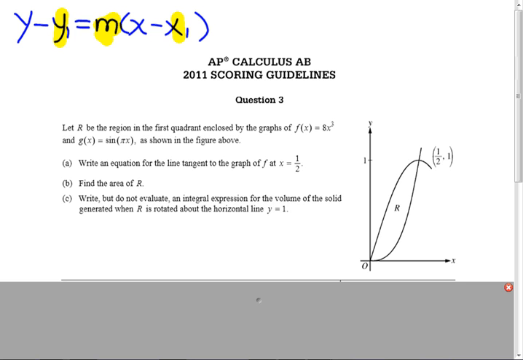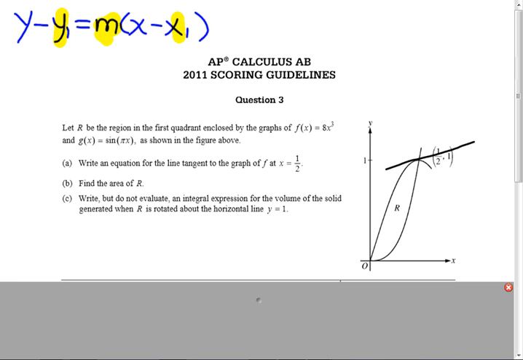I want the tangent line to the graph of f at x equals 1/2. It's right here. Because this is the sine function, and the other one is 8x cubed.